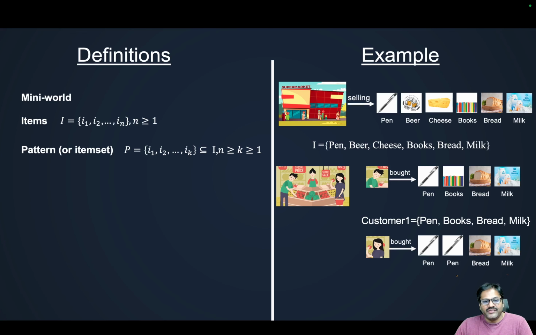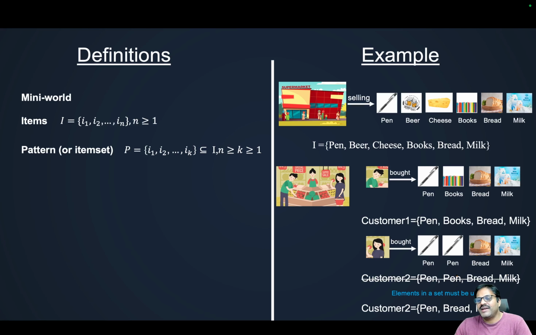If another customer has bought the items pen, bread and milk, we will not say the items pen, bread and milk as a pattern because elements in a set have to be unique. So we remove the duplicates and we say a pattern that occurred as pen, bread and milk.